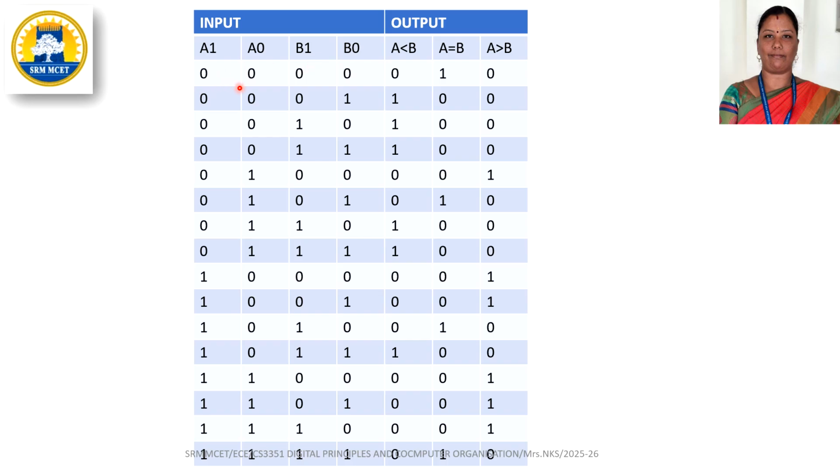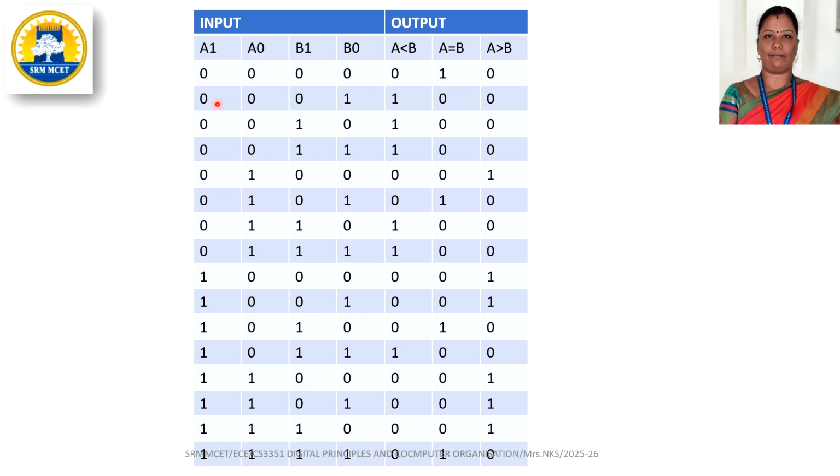Let's take the first case, when input A is 0. A is 0 means both bits A0 and A1 will be 0. So when A is 0, 0 and B is also 0, 0, the output will be 1: A equal to B is 1.